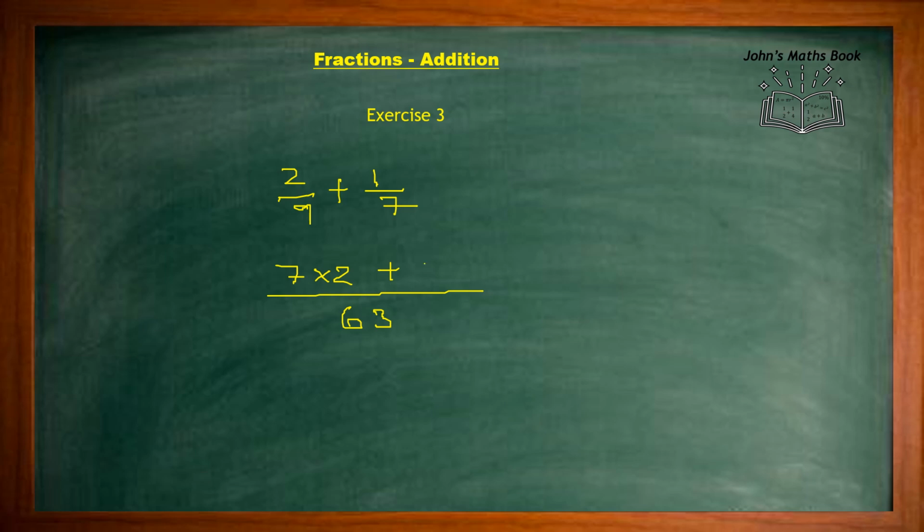So that becomes 9 times 1. If we simplify that, 7 2s are 14 plus 9 times 1 gives 9, divided by 63. So that equals 23 divided by 63.